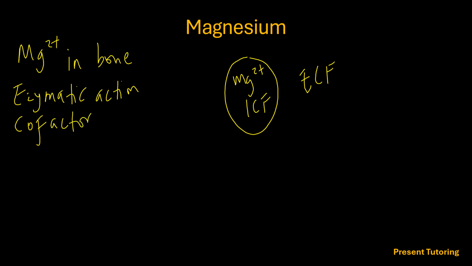By cofactor, it basically means that most of these enzymes need to bind to magnesium in some way or shape in order to have a positive enzymatic action. So that's why magnesium is very important to the activity of our body and our metabolic reactions.